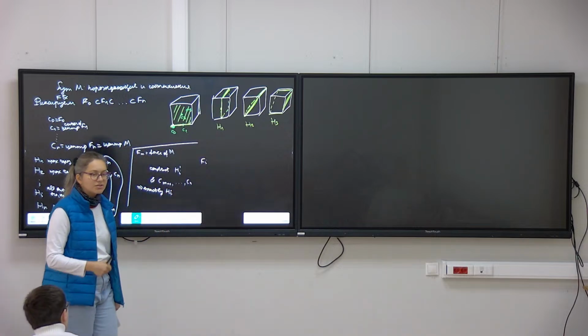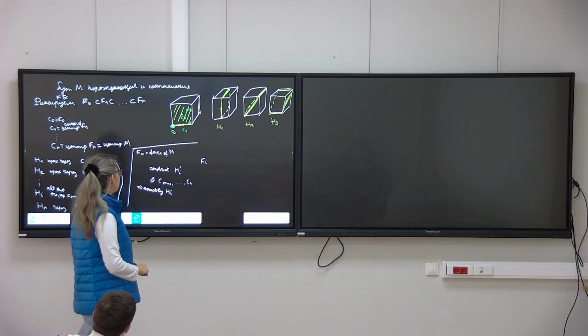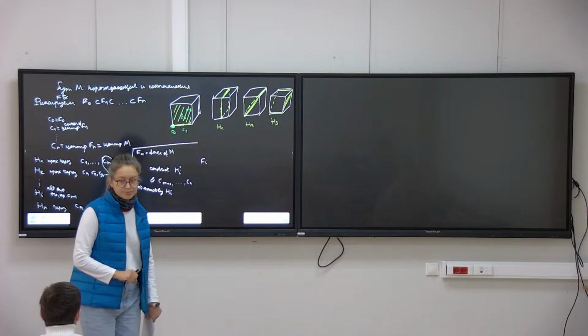So this construction remains valid when I look at some face of my polygon.